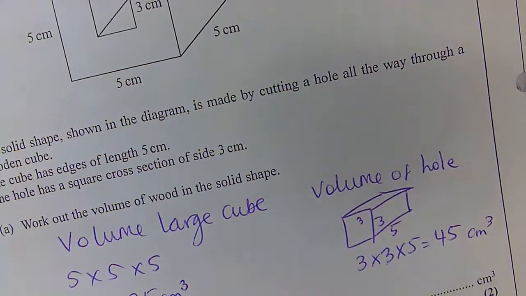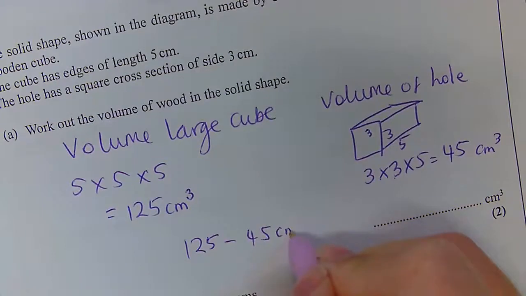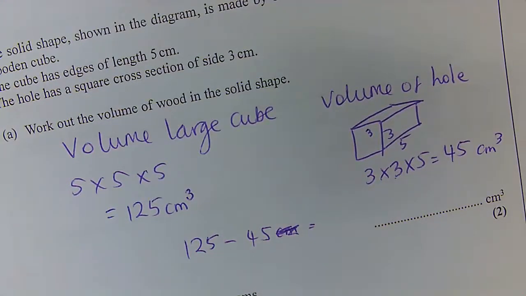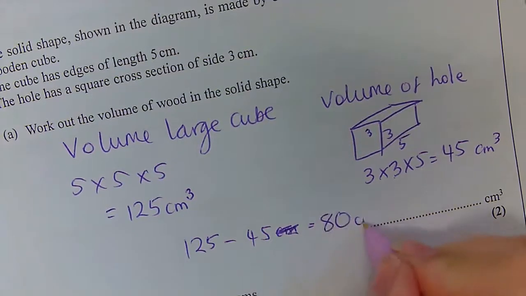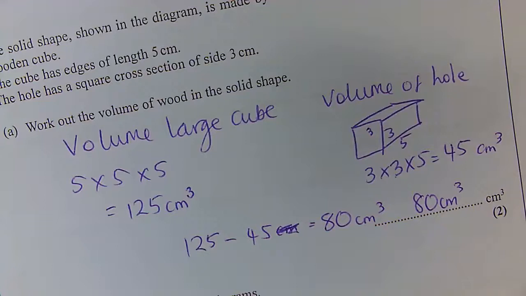So I now want 125 take away 45, which gives me 80 centimetres cubed, okay? Oh, we've already got the units, fine.